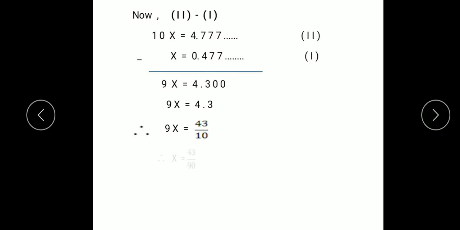Therefore, x is equal to 43 upon 90, where the value of numerator p is equal to 43 and denominator q is equal to 90. So we can say that 0.47 bar is equal to the fraction 43 upon 90. Once again, we have expressed a recurring decimal in the form of a fraction.